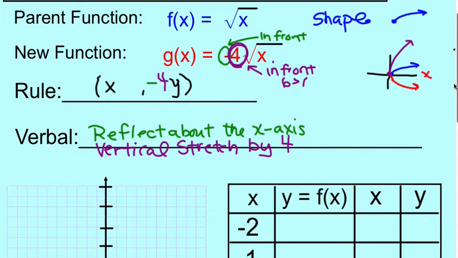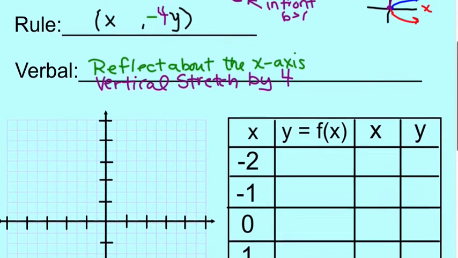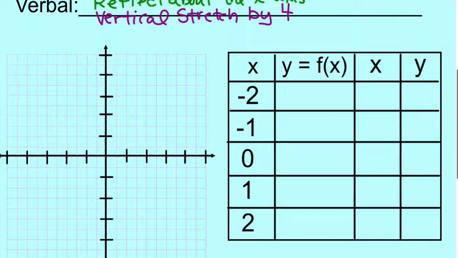All right, let's go ahead and now graph this parent function, the square root of x. So f of x equals the square root of x. We have these same 5 original x values that we used on the previous example. We're going to evaluate the function. So we're going to substitute -2 in for x.